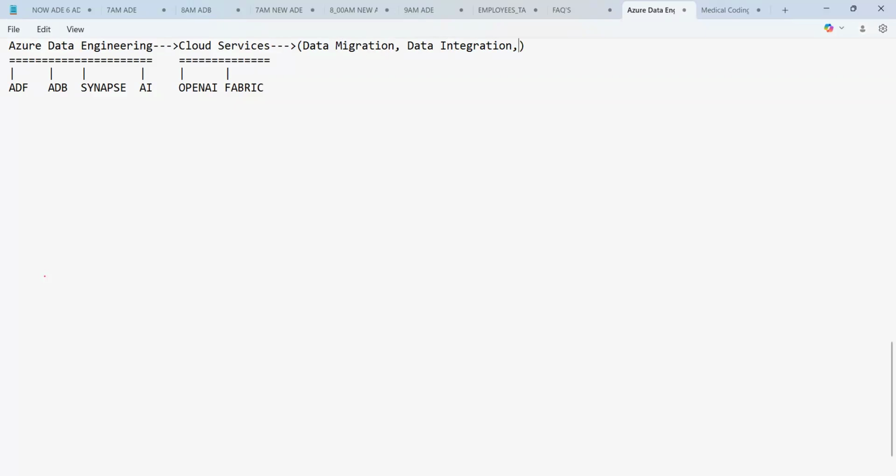The second one is data integration. The third one is data visualization. And prior to the visualization, you also have data summarization.